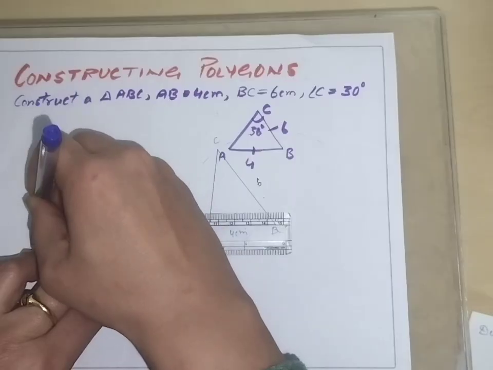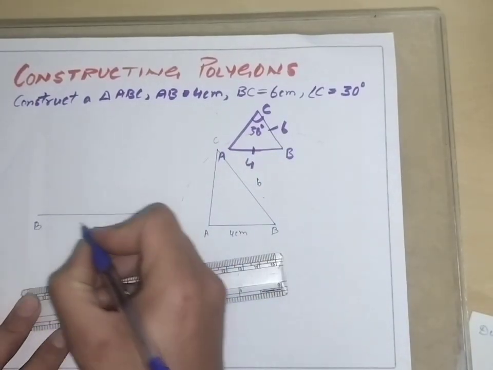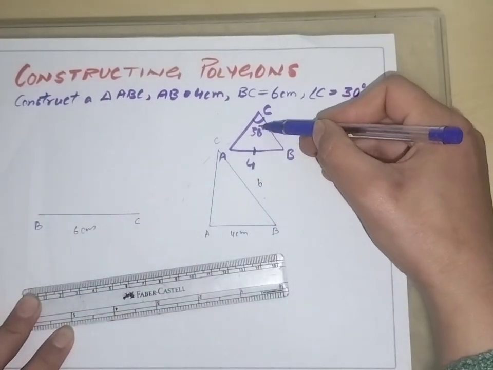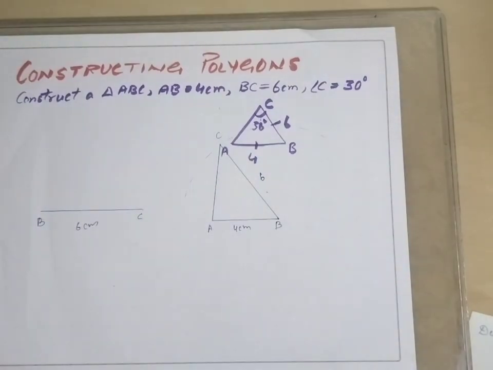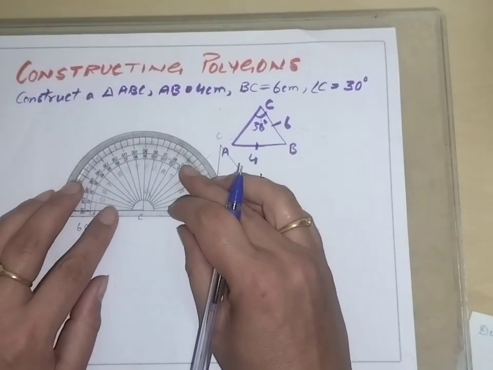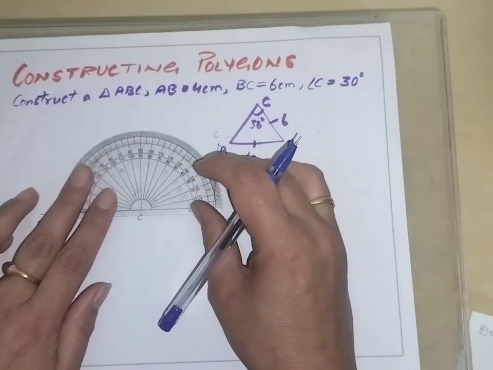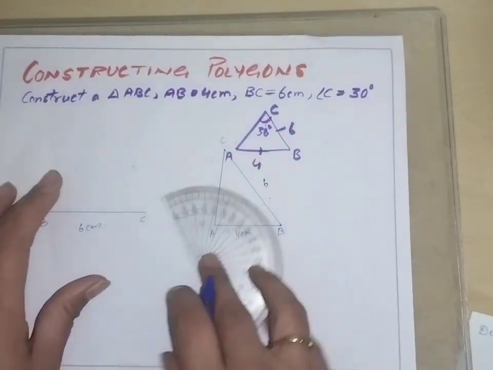I've taken 2 points, 0 and 6. Now I've got BC equal to 6 centimeter. Then at point C, I have to make 30 degree. So here is my point C. Let's make 30 degree here. So this is 30 degree.